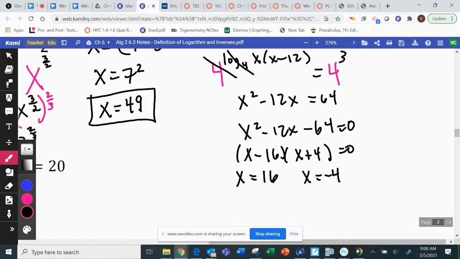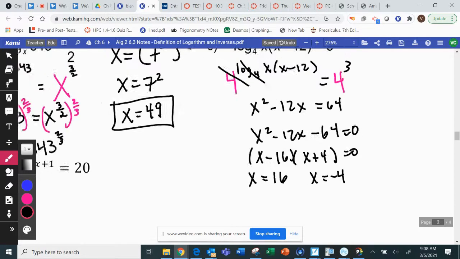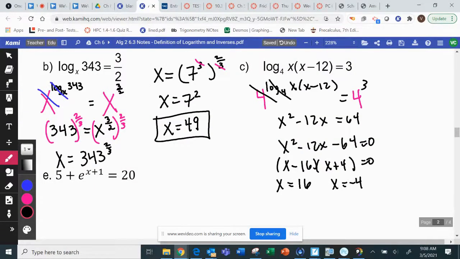I just want to remind you about something. Just be careful when you get multiple answers like this, that we don't have log of a negative number. So if I put 16 into both of these x's, we'll be fine.